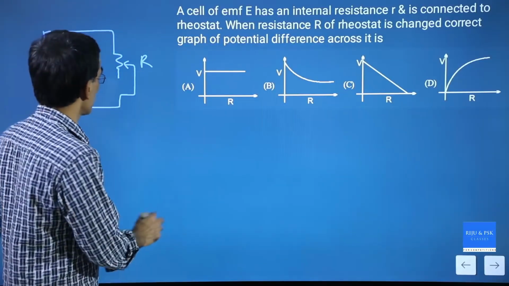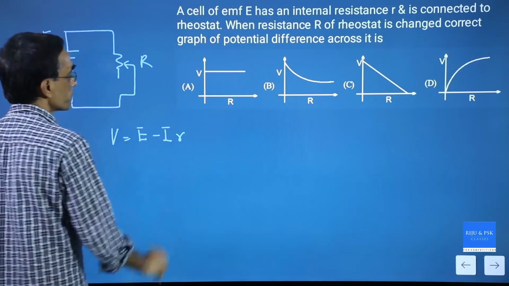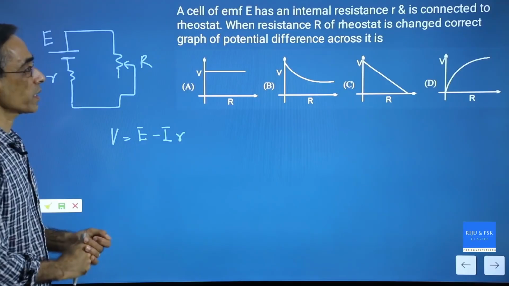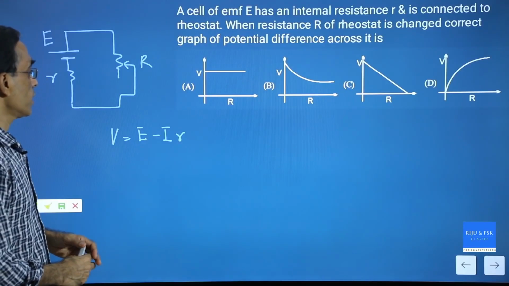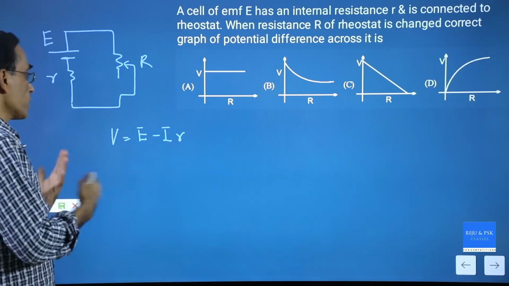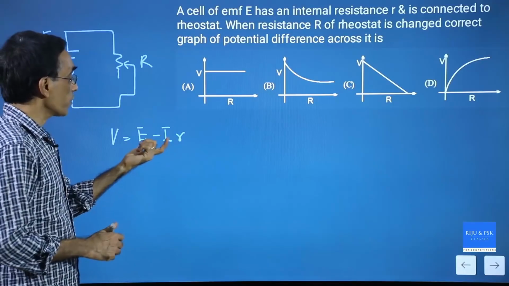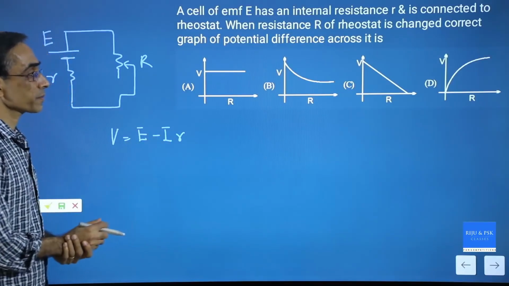What is the change in the voltage? So we know V equal to E minus Ir. Now when you change this one, there is no capital R here. So we have to write this in terms of capital R.